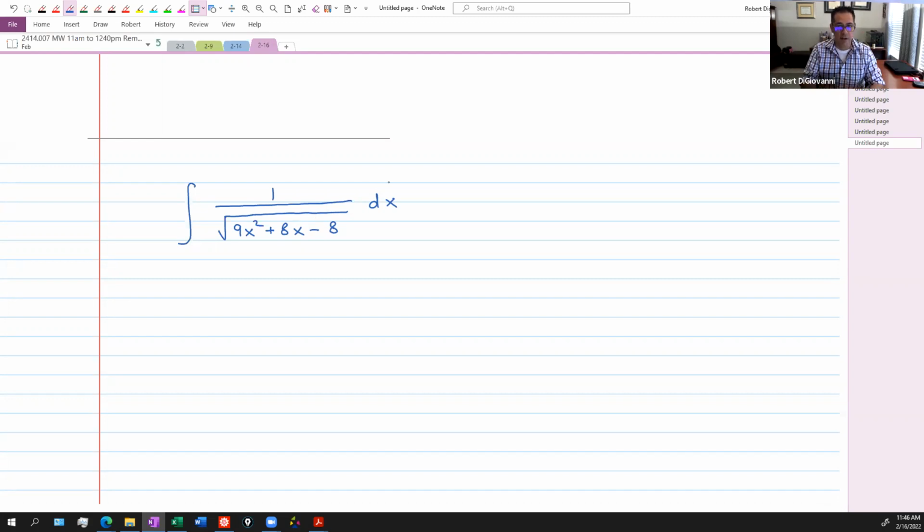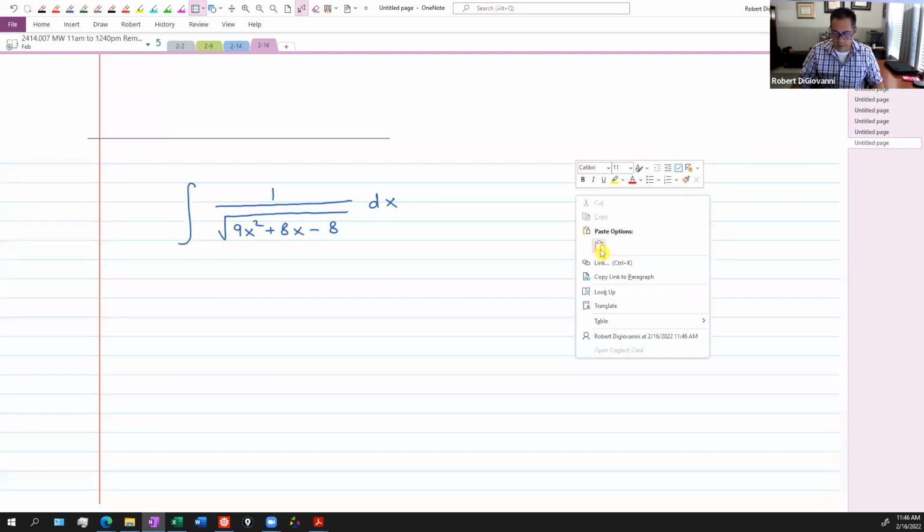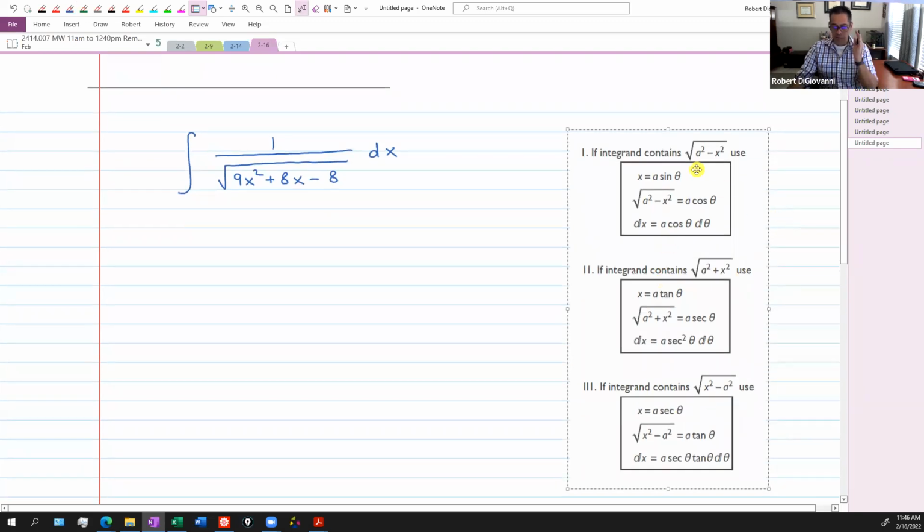This is different. And the reason it's different is because all of these forms we've had have always had a number squared minus x squared, or a number squared plus x squared, or x squared minus a number squared. We've never had an x term in there, have we?